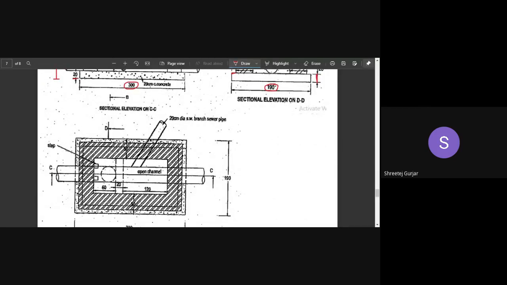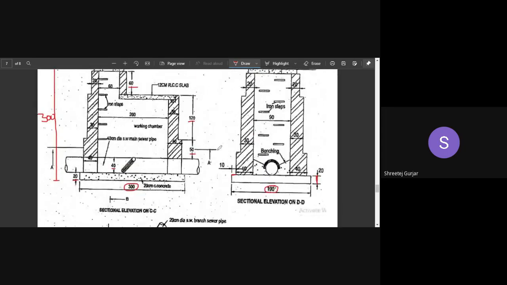You can divide your walls into long walls like this. This is your long wall at the top. Similarly, there will be a long wall at the bottom, and then this in to in distance is your short wall. So short wall is also 2 in number.